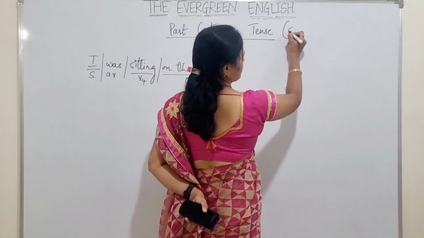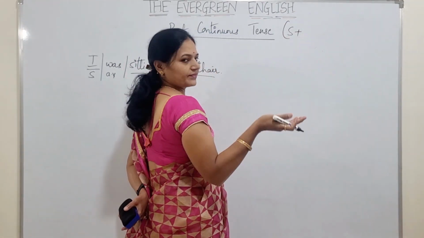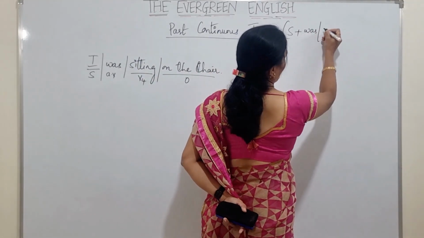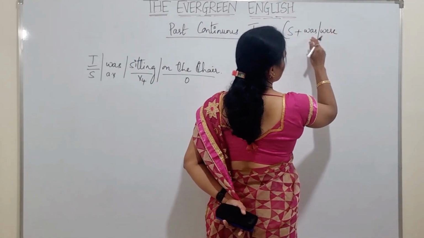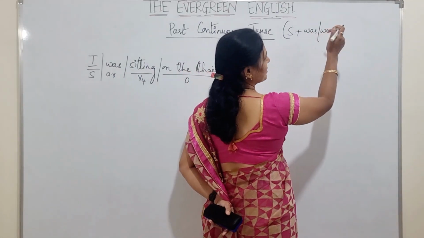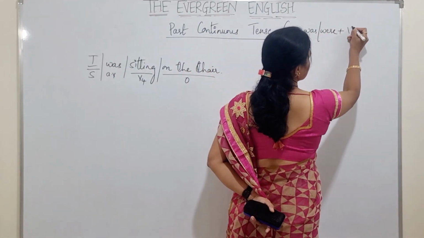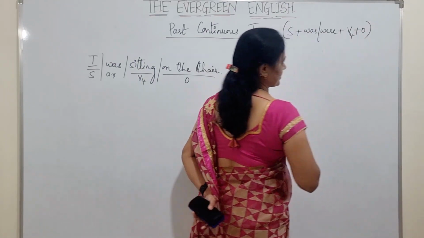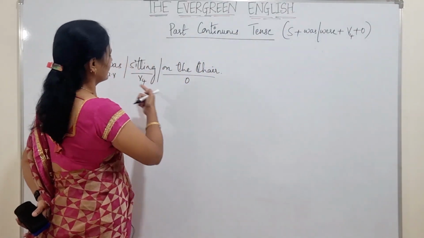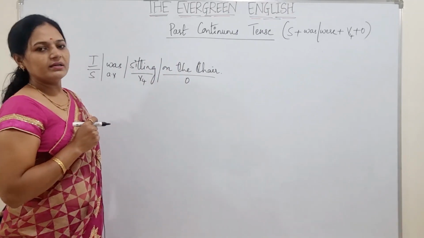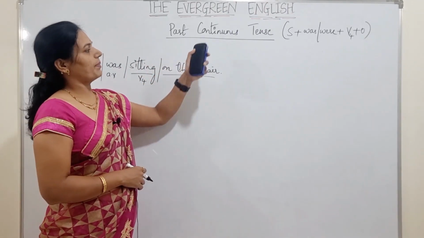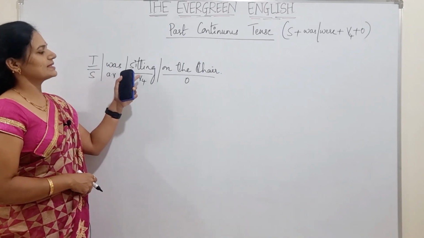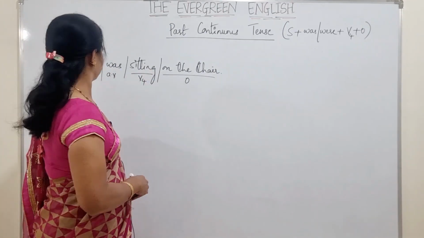Subject plus past form, we have was for singular and were for plural, plus V4 form plus object. This is the formula to use the past continuous tense. Okay, I was sitting on the chair.